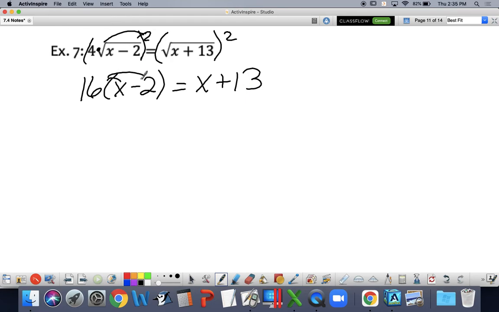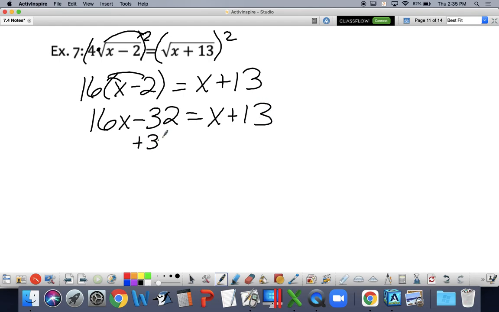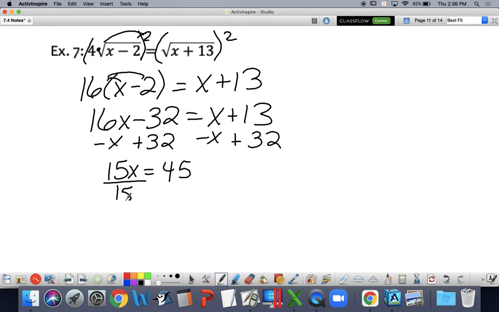I've got to distribute before I move my x's around. I get 16x minus 32 equals x plus 13. Add my 32, subtract my x. I get 15x equals 45. x equals 3.